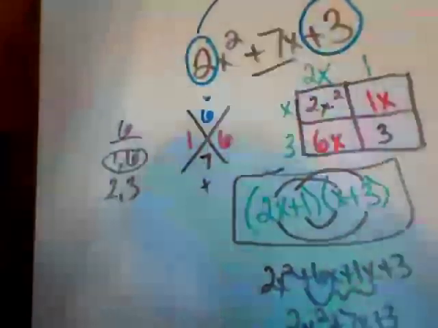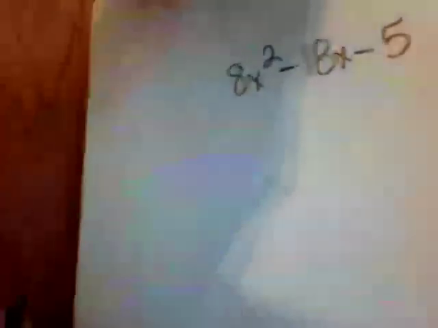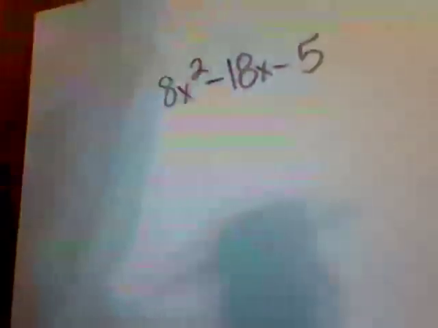We're going to look at one or two more. On this next one, we are going to look at 8x squared minus 18x minus 5.